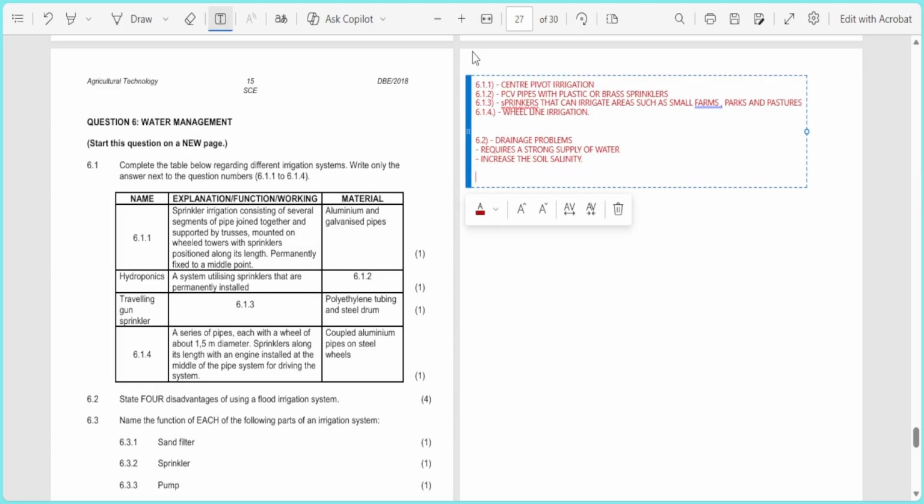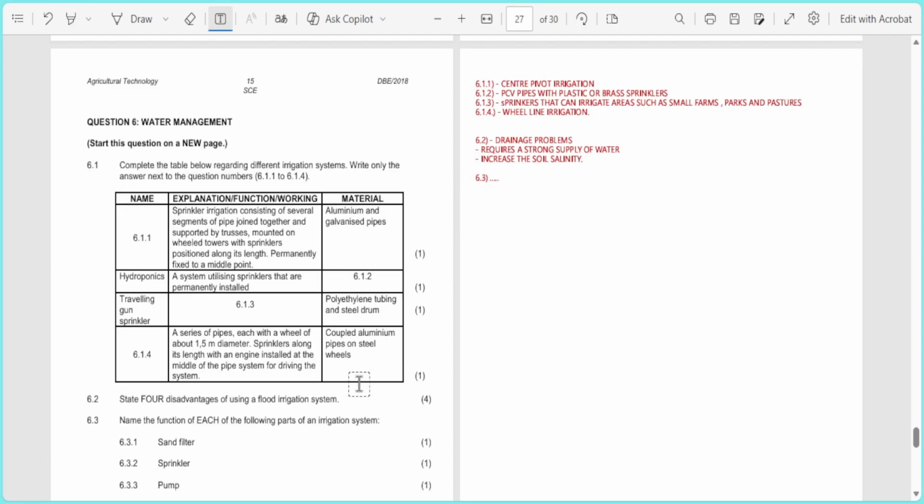Alright, 6.3. Name the function of each of the following parts of an irrigation system.